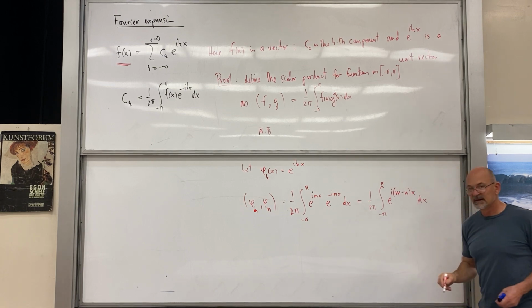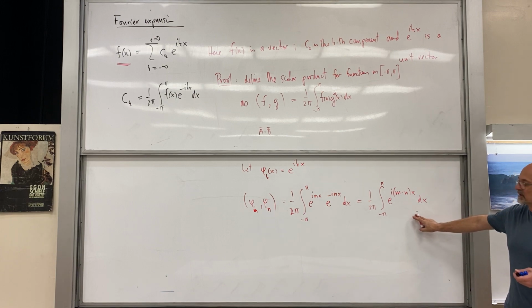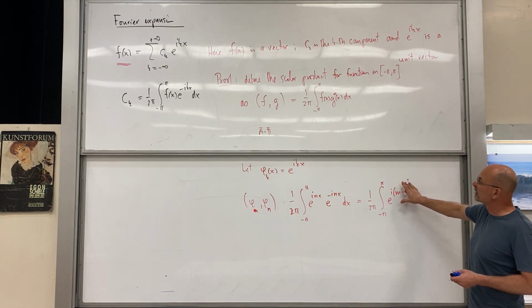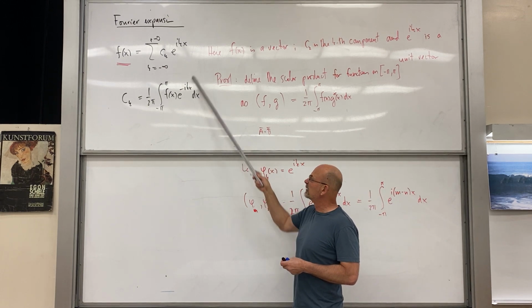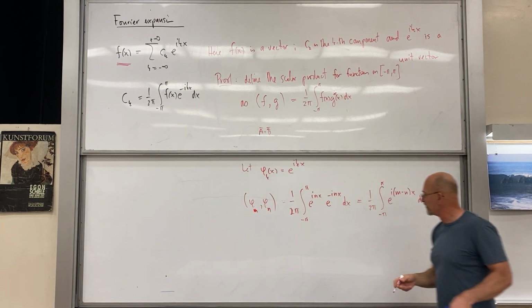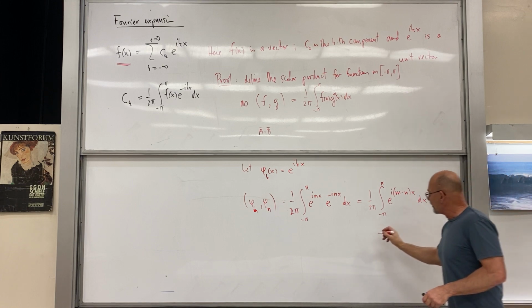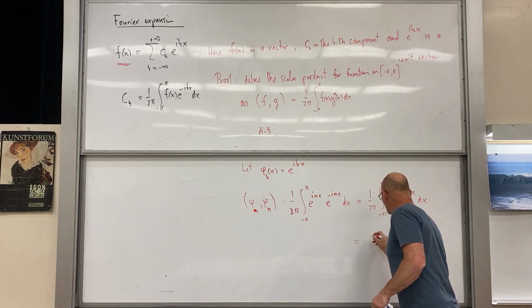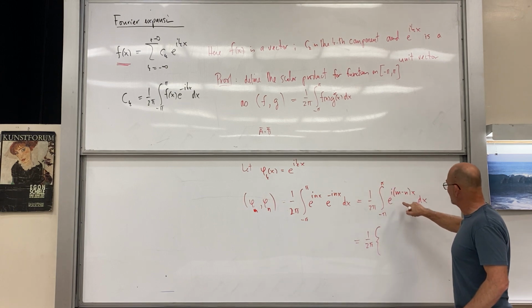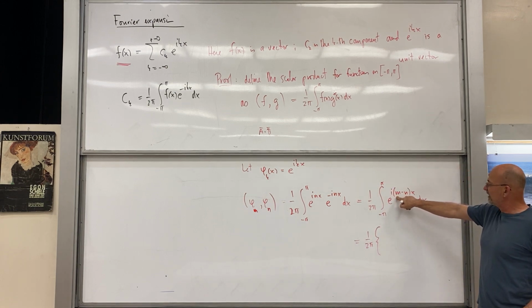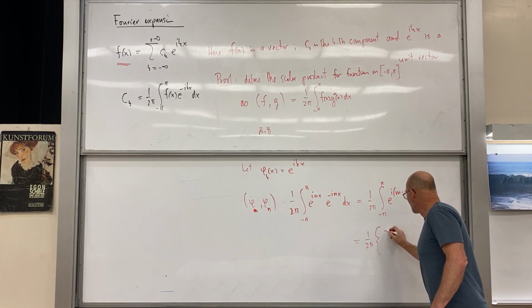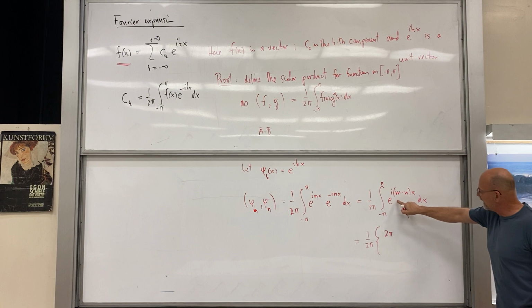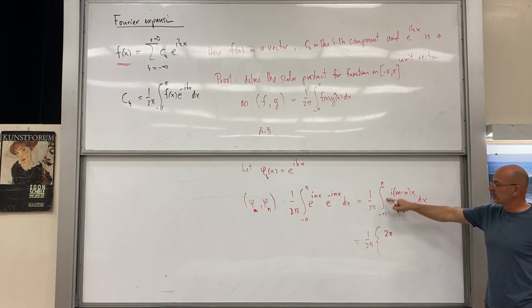Okay. We've done this before. In fact, we did this integral when we invented it, right? When we came up with this here. So what is this? This is 1 over 2 pi times, if m is equal to n, then e to 0 is 1, and integrating from minus pi to pi gives 2 pi.